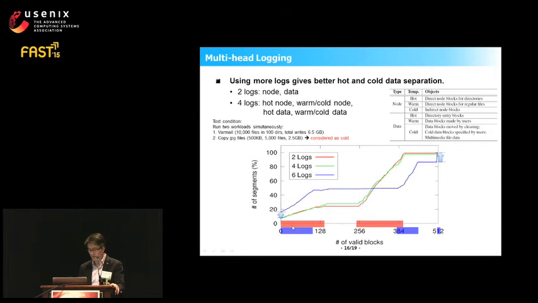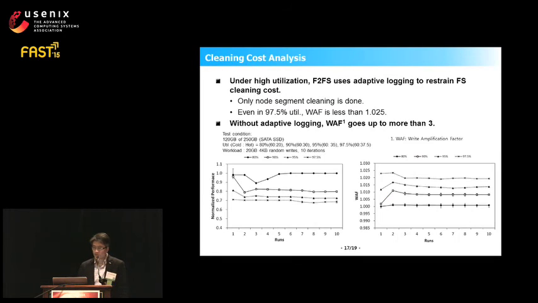But in this case, the red bar shows the data distribution range of 2 logs, and the blue bar shows the range of 6 logs data distribution. So you can see that 6 logs gives a better data separation here compared to 2 or 4 logs.